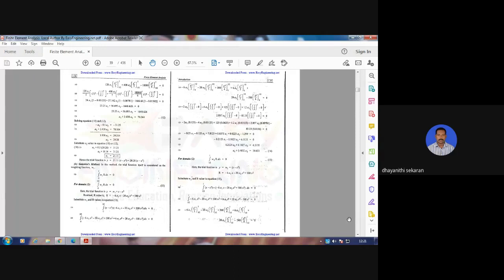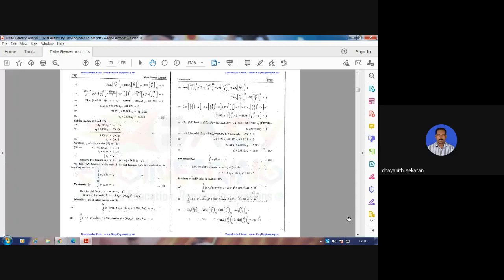So substitute W1 equal to x minus x cube into R, that is minus 6a1x minus 20a2x cube plus 500x square dx. Multiply x minus x cube into this equation, and we get terms like minus 6a1 x cube by 3 from 0 to 1/2, minus 20a2 x power 5 by 5, plus 500 x power 4 by 4, plus 6a1 x power 5 by 5, 28 x power 7 by 7, minus 500 x power 6 by 6, all from 0 to 1/2, equal to 0.